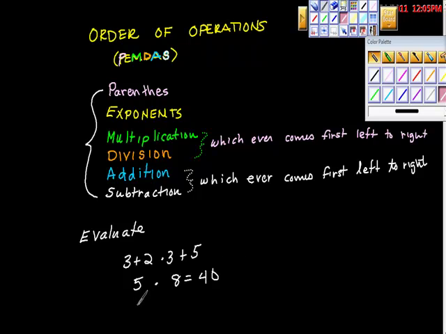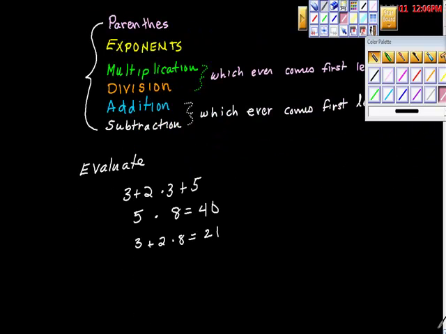We could do 3 plus 2 times 8, and then we would get equals 21. Or, what else could we do to screw this up? Oh, we could do it this way. We could do 3 plus 2 is 5 times 3 is 15 plus 5 is 20.